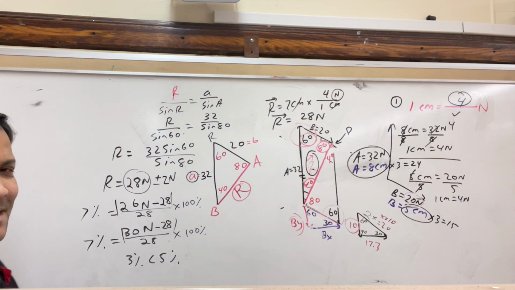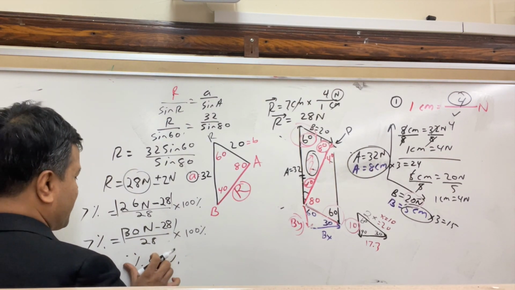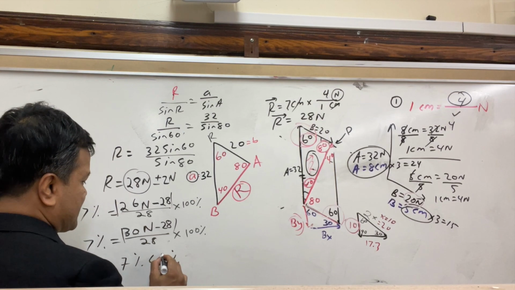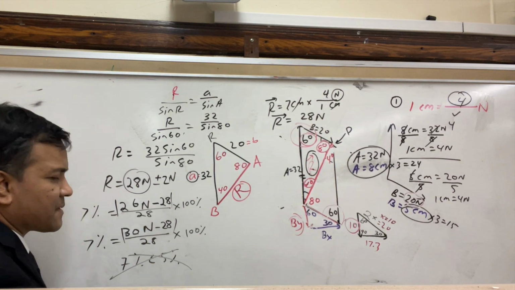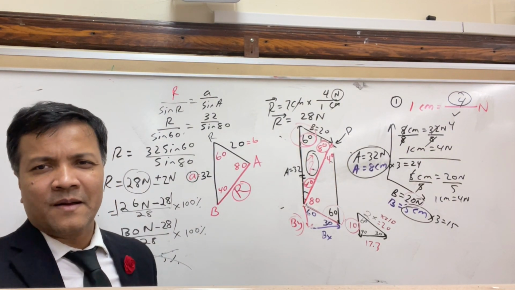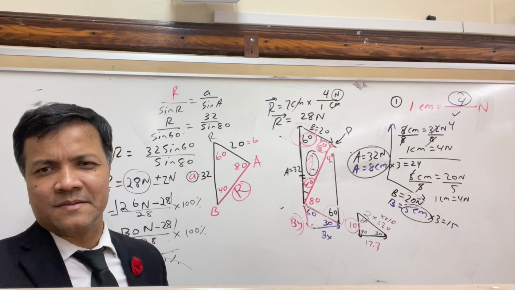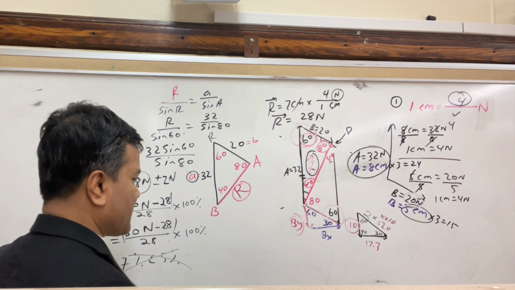And I do not accept 7% error. 7% error is not less than 5% error. So this I don't accept. I accept only 5% error because you have more skill now. In the beginning, I accepted, of course, 10% error. Now I accept only 5% error.